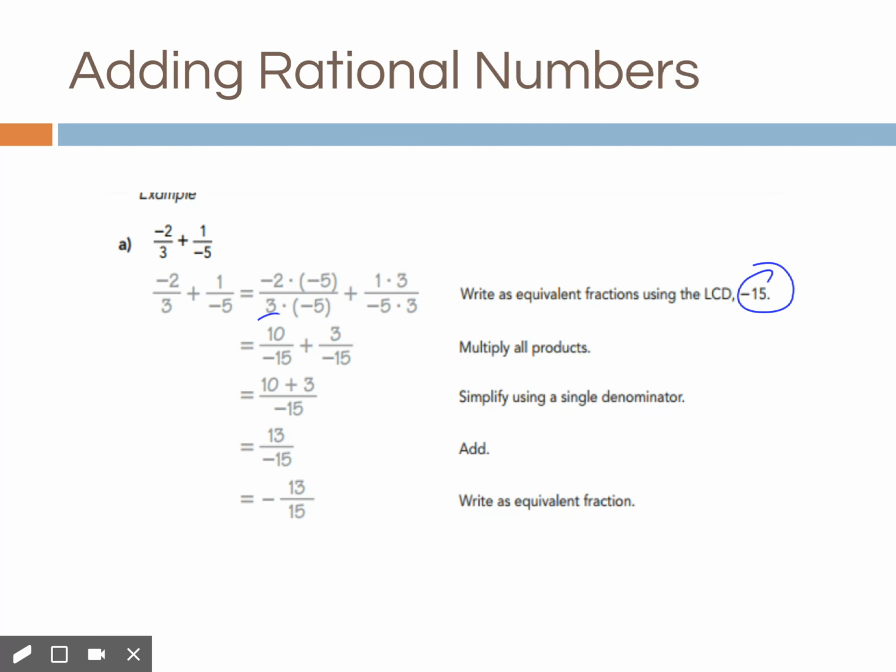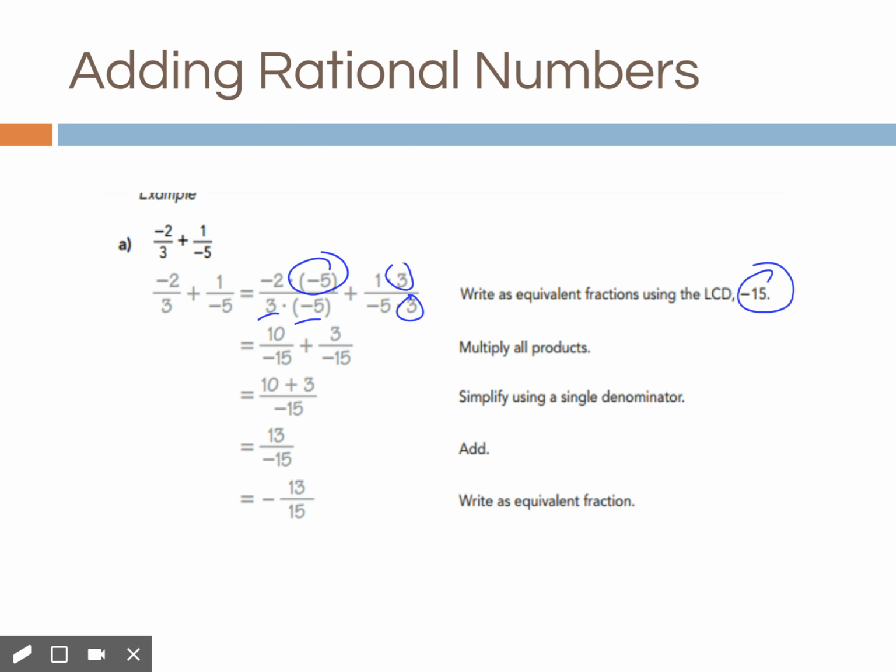So they did 3 times negative 5 to get negative 15, and they also multiplied the top times negative 5. And in the second fraction, 1/5, they multiplied by a positive 3 on both the top and the bottom. So we have negative 10/15 plus a negative 3/15.